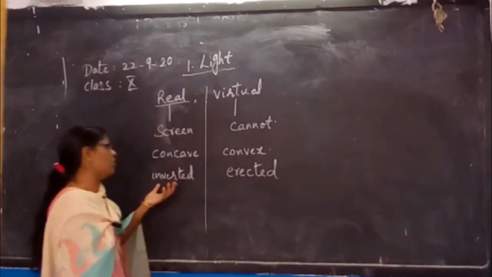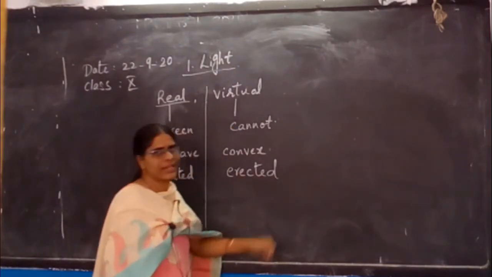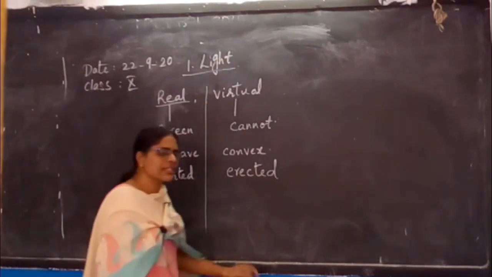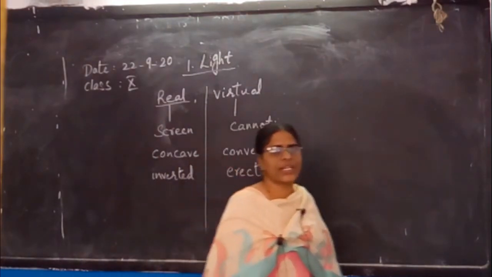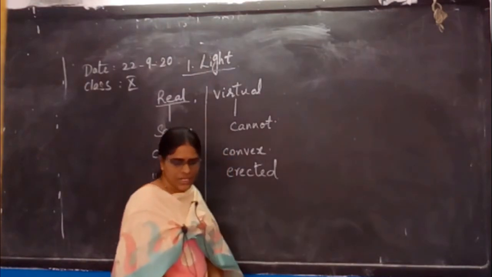Real images are always inverted images. Virtual images are erect images. These are the differences we have studied regarding real and virtual images.